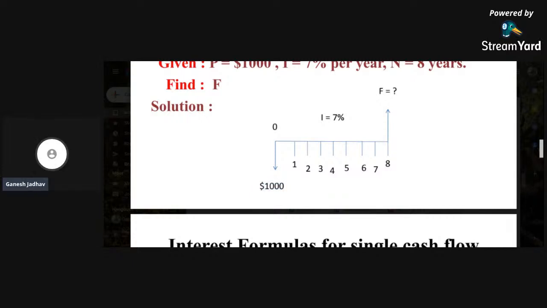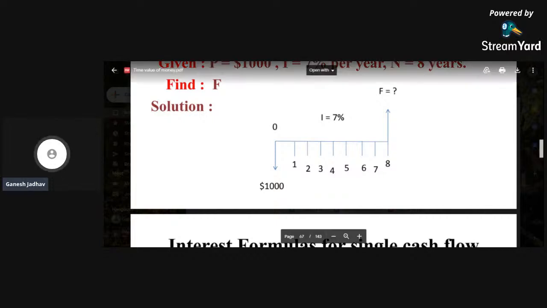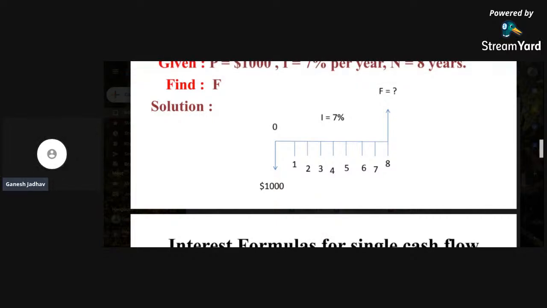At the initial stage the interest is 0, but when 1 year is completed, the interest is added to the primary value, and it goes through a number of steps. When 1 year is completed, it is 1,000 plus the interest. Then when 2 years are completed, it is the 1 year value plus the interest for the 2nd year.